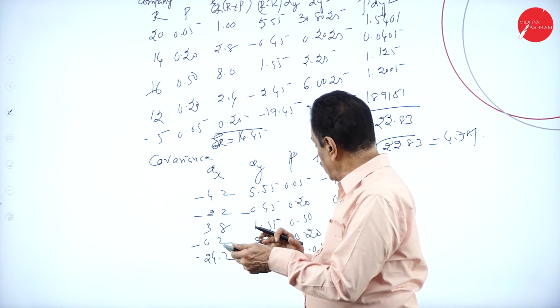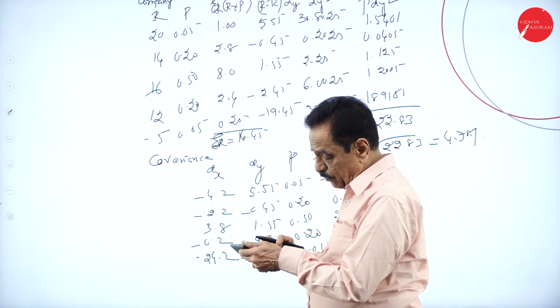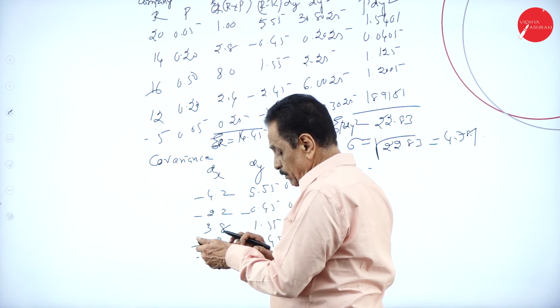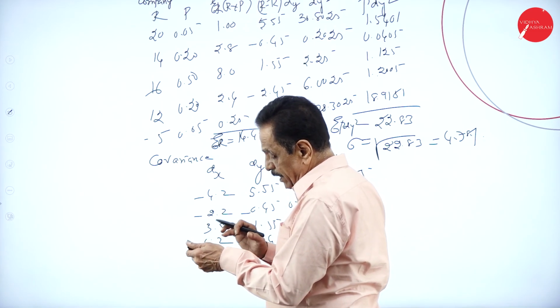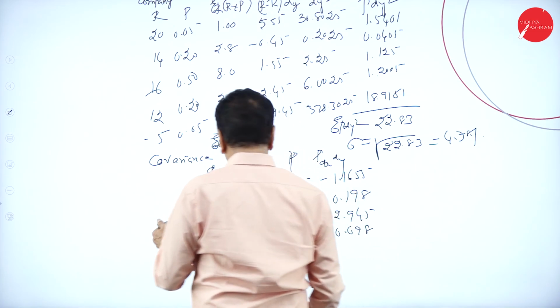Last one, 24.2 into 19.45 into 0.05, 25.53.